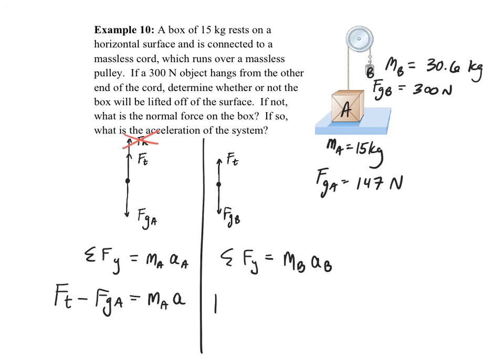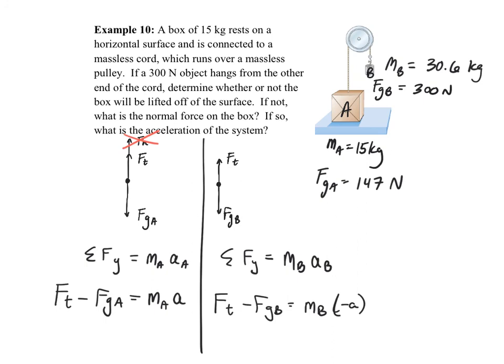It's going to be FT minus FGB equals MB times negative A. Yeah. The negative A, again, plays a role here. I'm replacing AA and AB with just A, and I'm calling one of them positive because this one's going to accelerate which way? Up. And which way will this one accelerate? Down. And because we're solving for A, we have to put the negative sign here again.